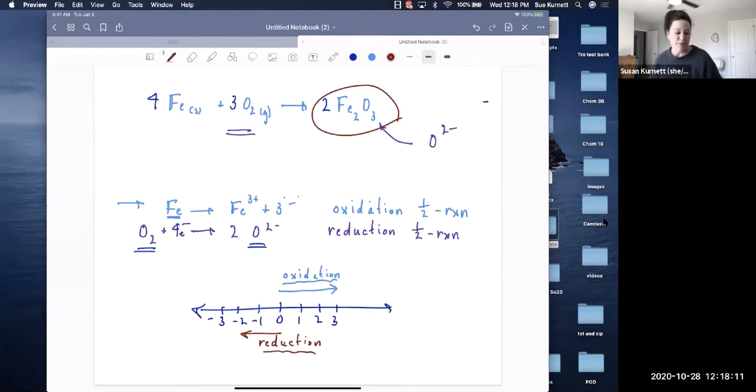There's two mnemonic devices that we use, and one is Leo goes grr.